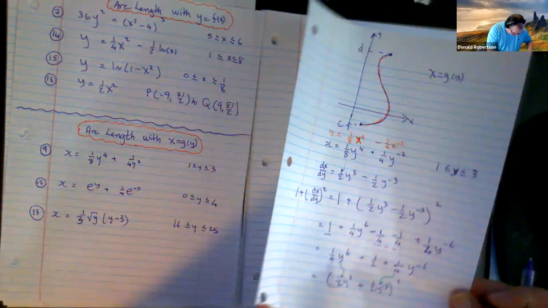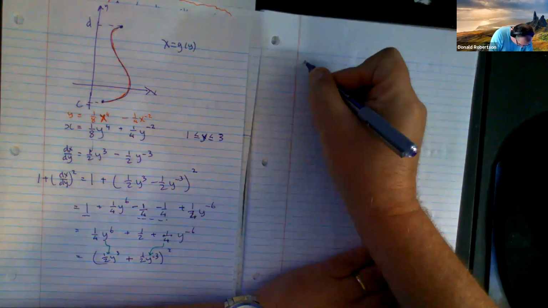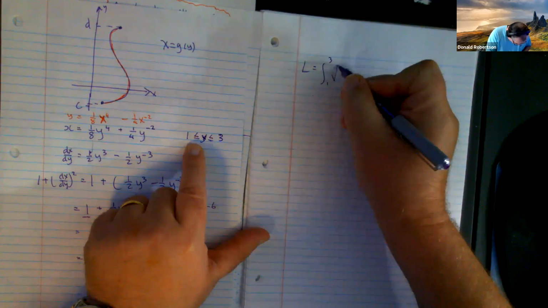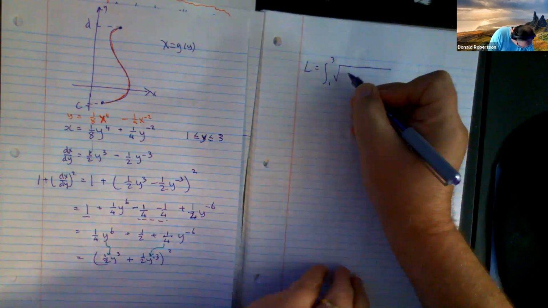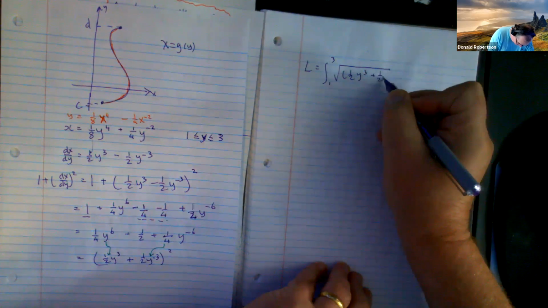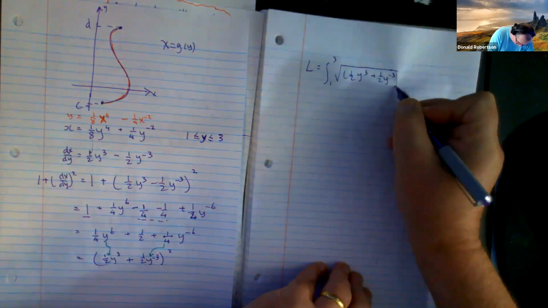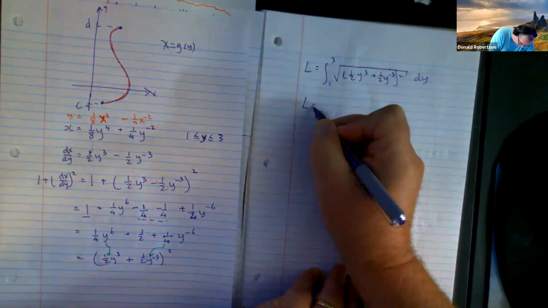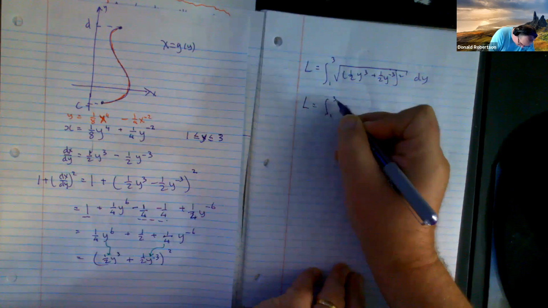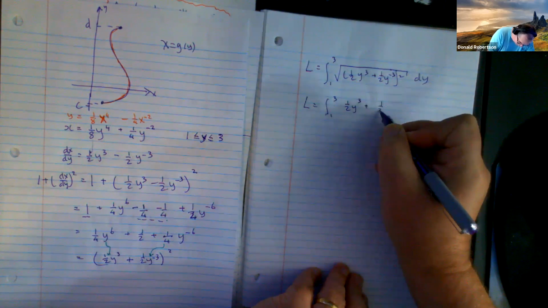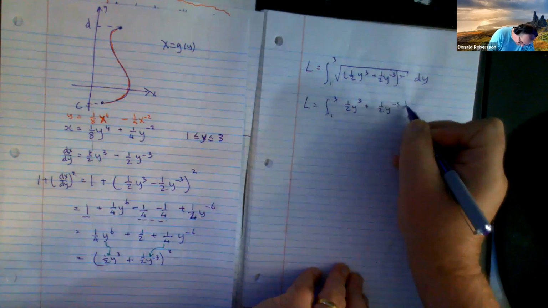So what we'll do now is get the arc length. It's going to be the integral from 1 to 3 of the square root of this guy, dy. So it's going to be the integral from 1 to 3 of 1/2 y cubed plus 1/2 y to the negative 3.